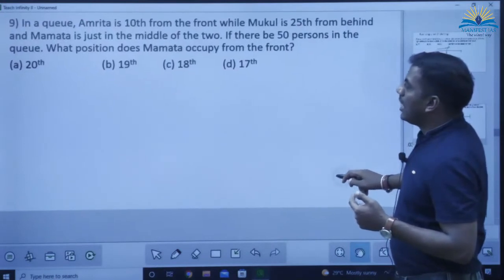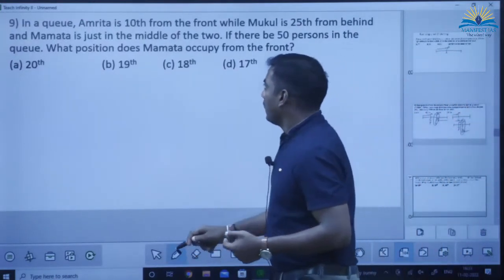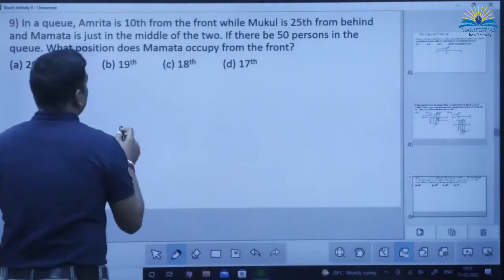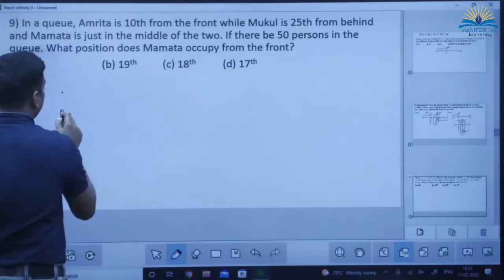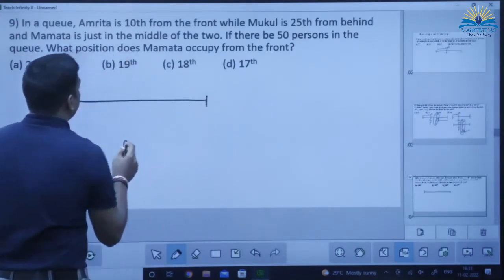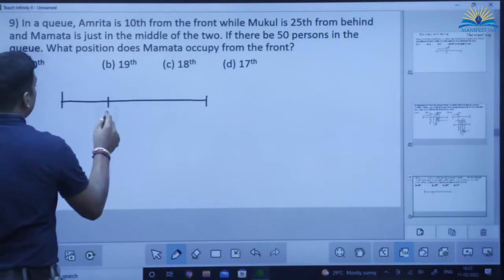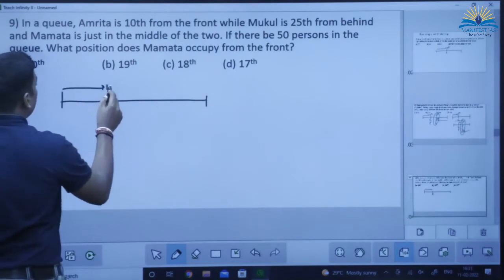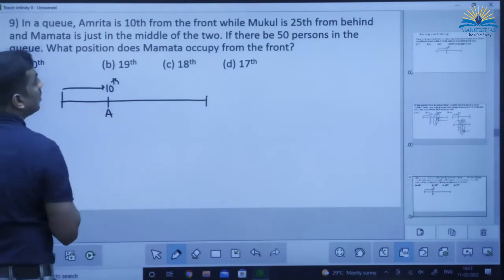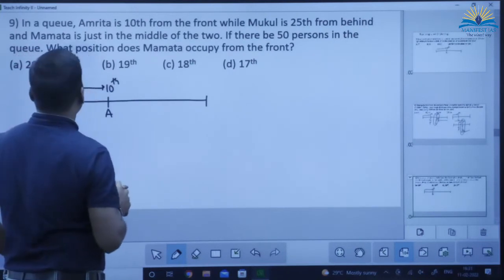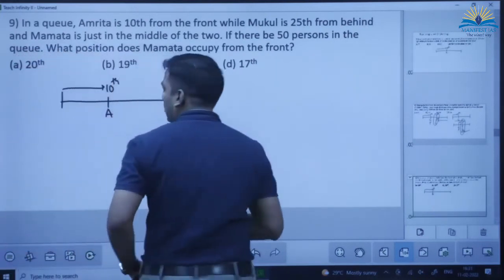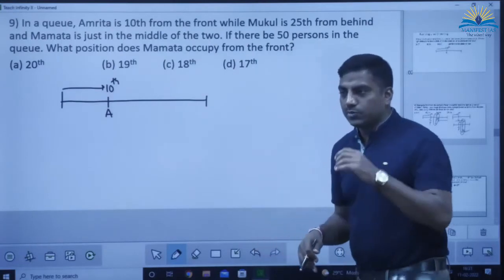In a queue, Amrita is 10th from the front. Amrita, let's say from front, 10th from front. While Mukul is 25th from behind. Mukul's position, where?